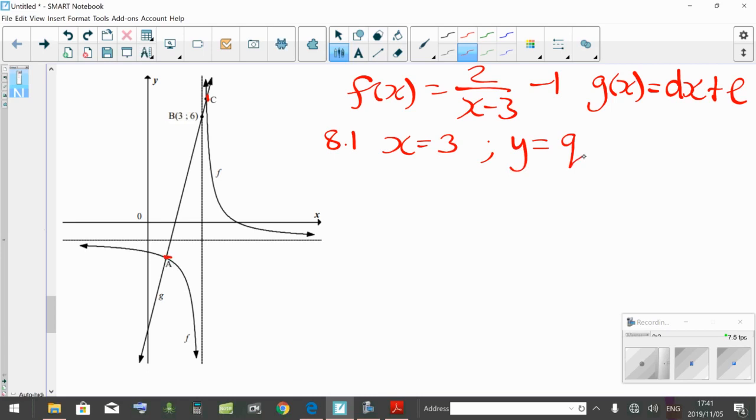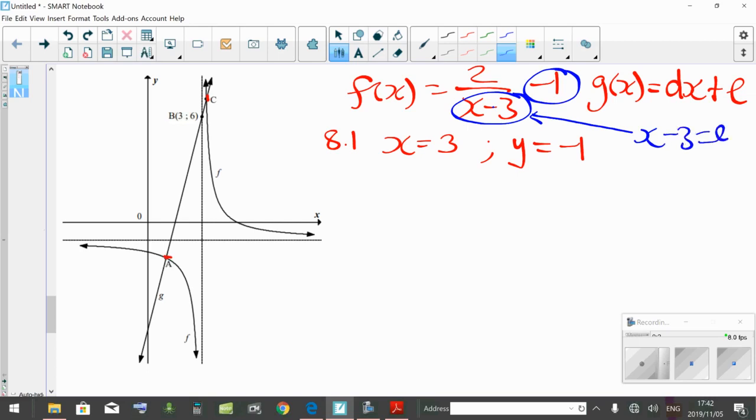Remember, we said x is equal to p and y is equal to q. So these are the asymptotes that we get reading off from here. If you don't want to be confused by that, you can write it as x minus 3 is equal to 0 and solve for x. That would give you the asymptote.